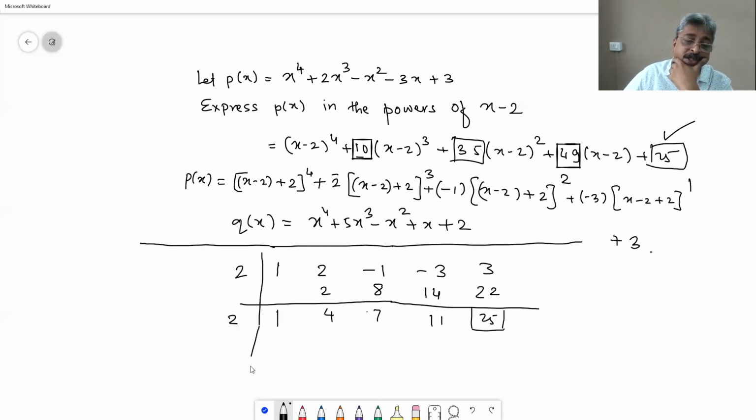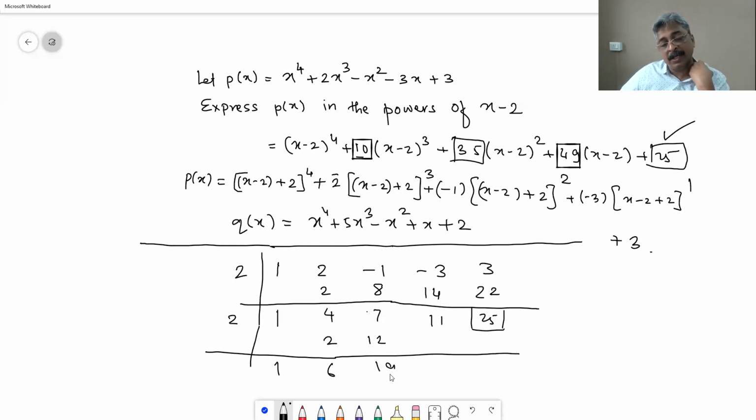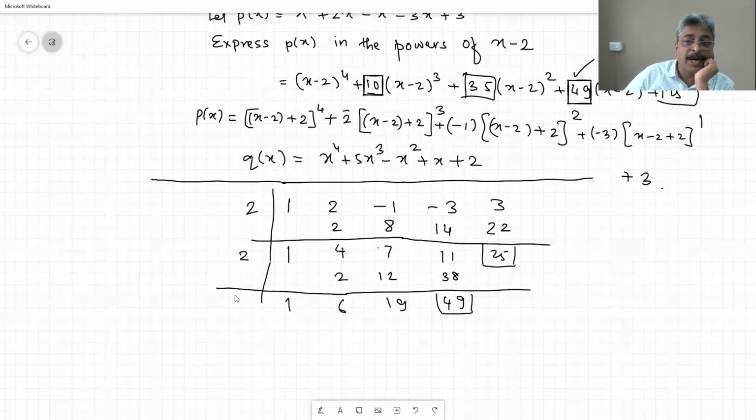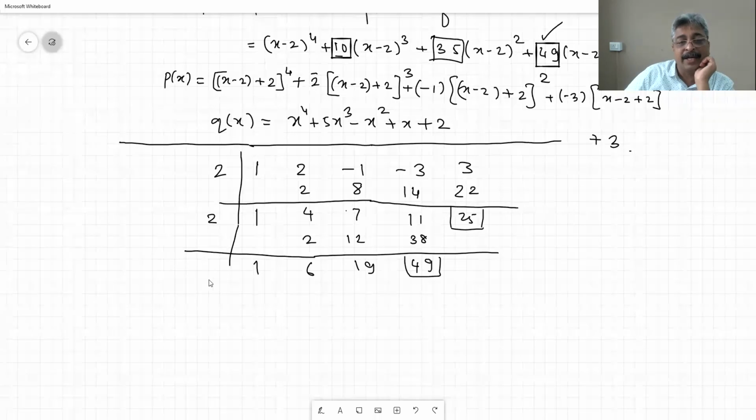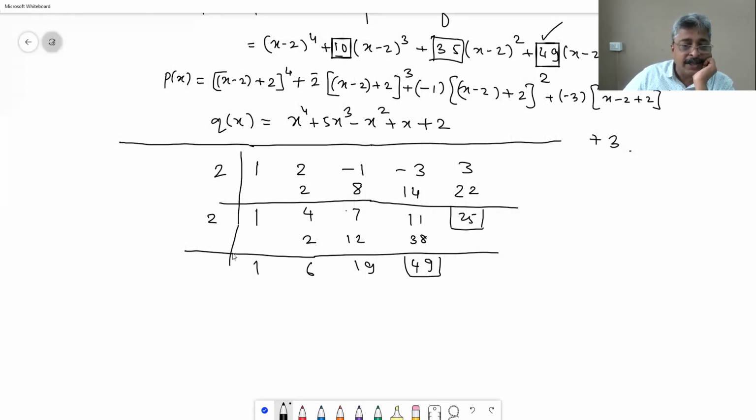Do synthetic division again: 1, 2, 6, 12, 19, 38, 9, 4. This is your second coefficient. That is not bad, relatively quick. Do it again. The second time you divide by x minus 2, you get the quotient x square plus 6x plus 19.